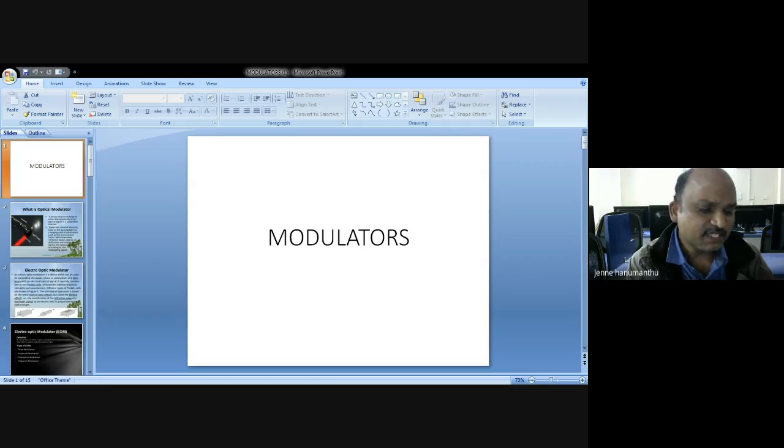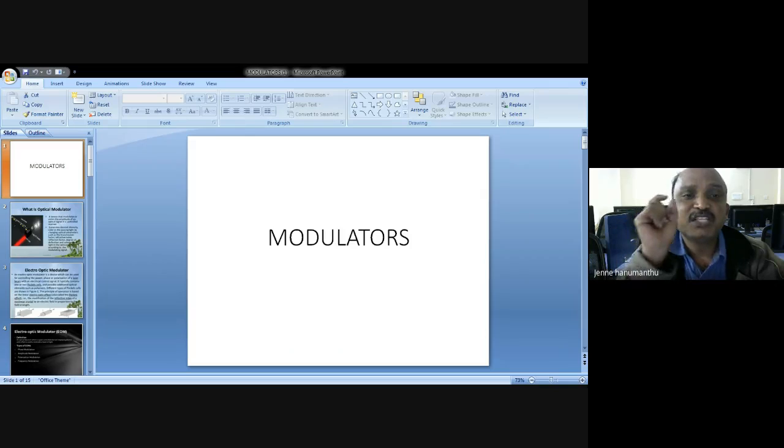And one more characteristic is monochromaticity. What does this mean? If you observe LED light, the wavelength spread is, for example, 100 nanometers.